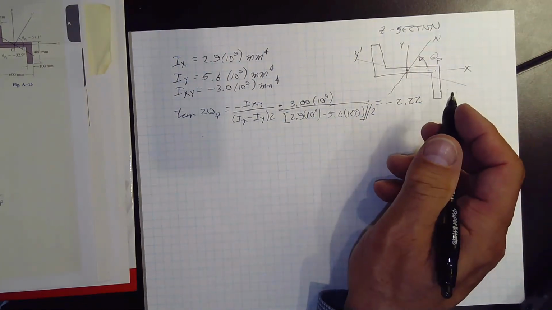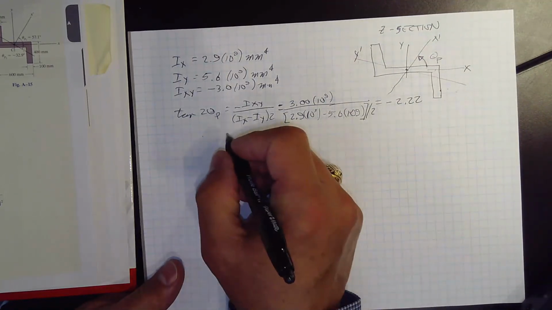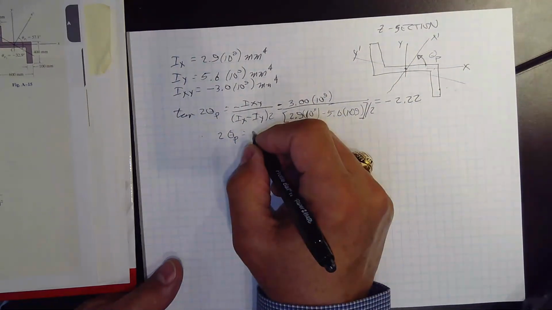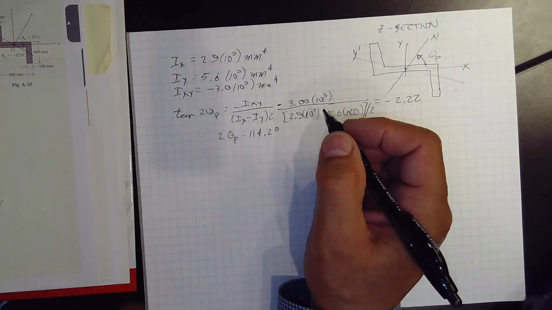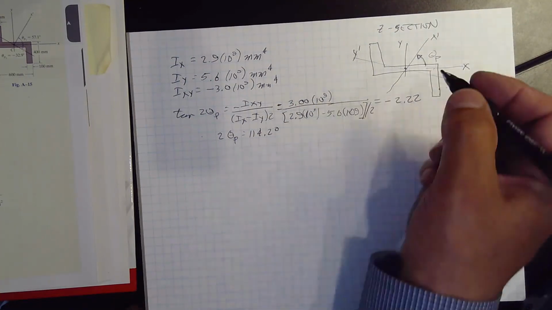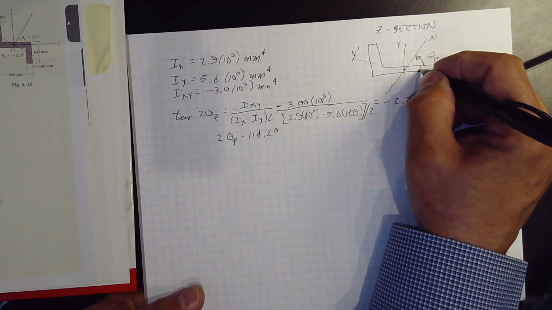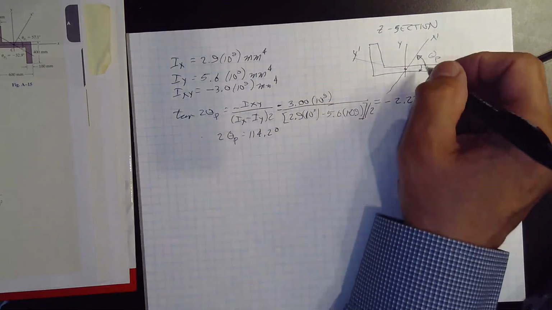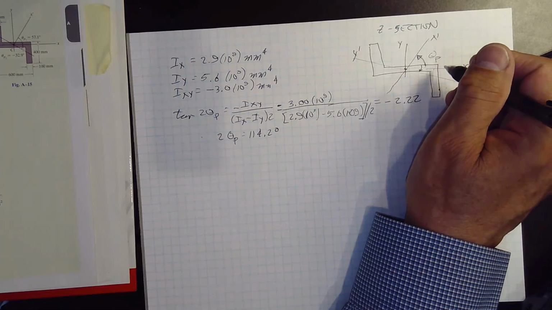That's good because now we can take the arctangent and find that 2 theta p is equal to 114.2 degrees. That's this one. So what's this little one here? Well, it's going to be theta minus 90.